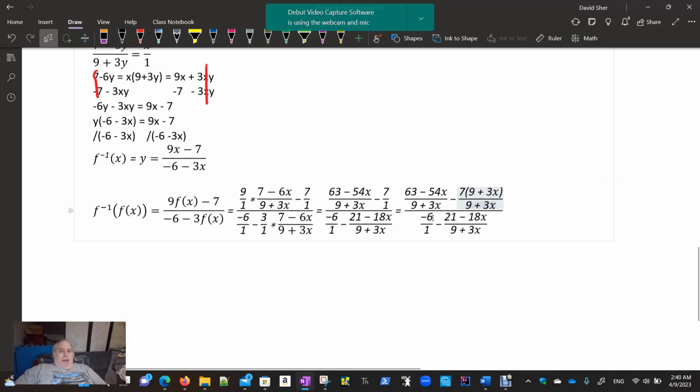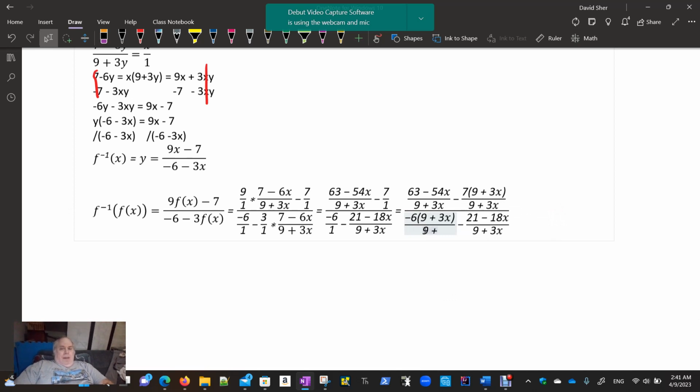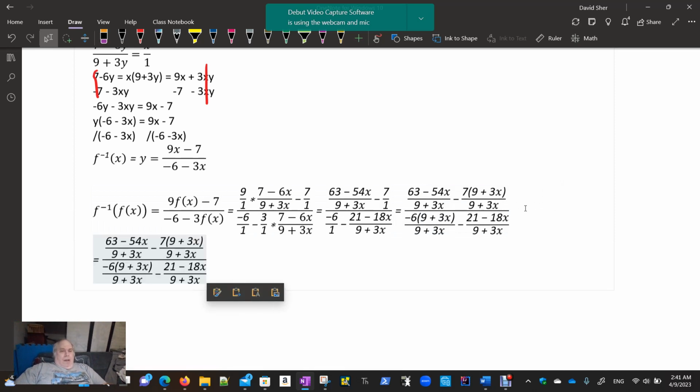And down on this side, this is the guy who needs the 9 plus 3x. And now we have on the top and the bottom common denominators. And now I'm going to multiply this by 7.